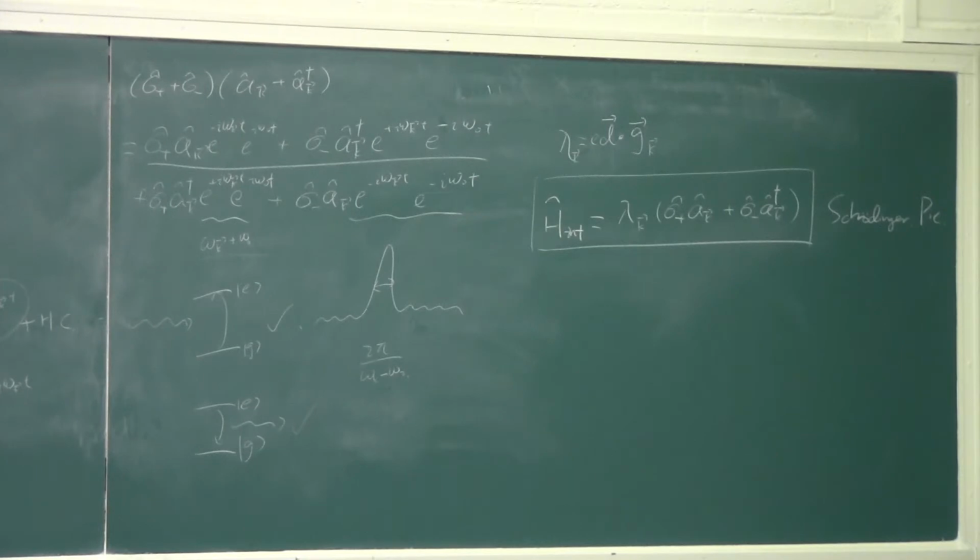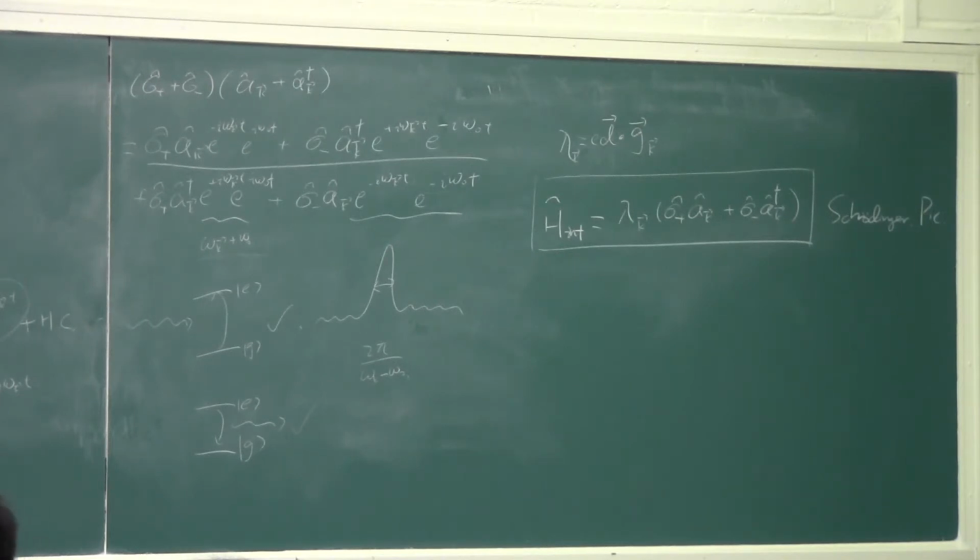Now the fully quantized atom. This is basically writing down the Hamiltonian for the atom, which in the two-level representation is very simple.